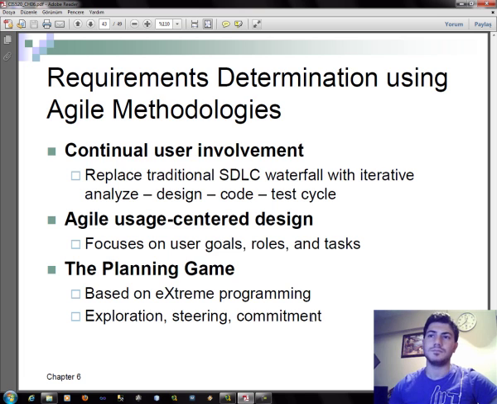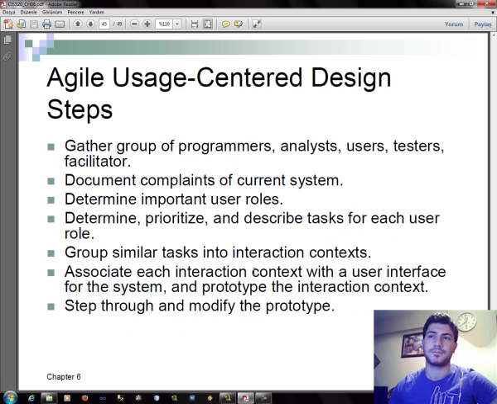Table. Now, requirements determination using agile methodologies: continual user involvement, agile user-centered design, the planning game. Agile user-centered design steps. Here are the steps: gather a group of programmers, analysts, users, testers, facilitators. Document complaints of current system. Determine important user roles.